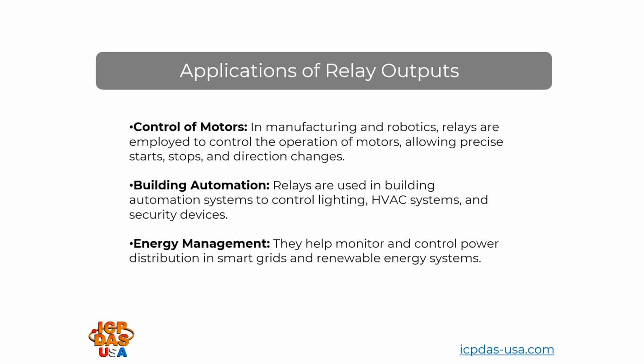Relay outputs are used in so many different kinds of applications, like controlling motors and heaters. They also are used a lot where you need electrical isolation, like safety systems.